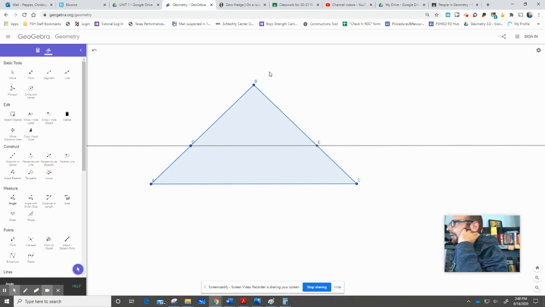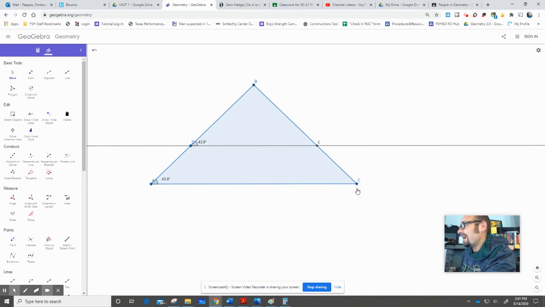We hit the angle button and hit angle BDE, which gives us 43.8 degrees. I'm going to do the same thing with angle DAC. And as you see, these two angles are congruent to each other. They're equivalent, and that's because these two lines are parallel to each other.